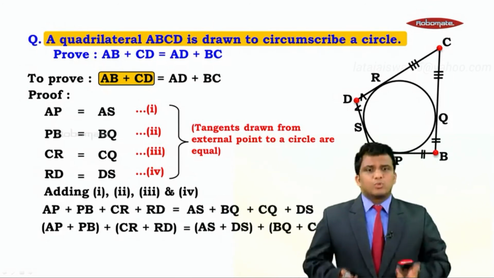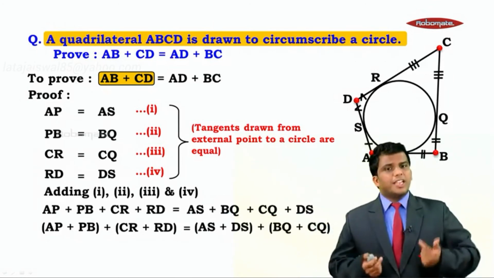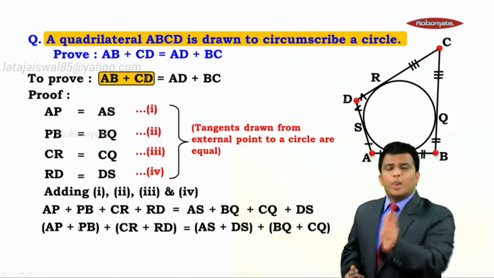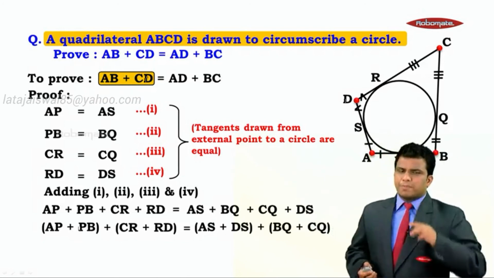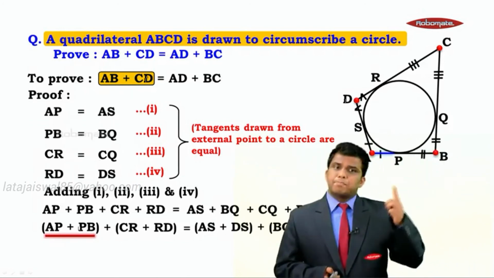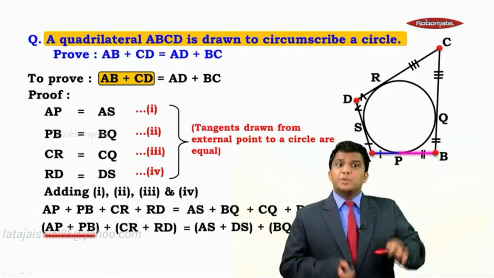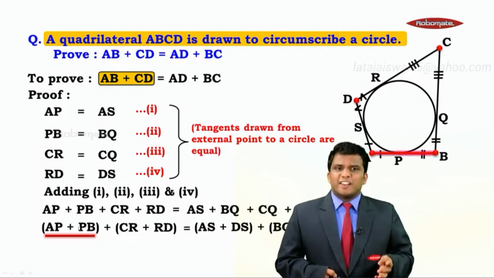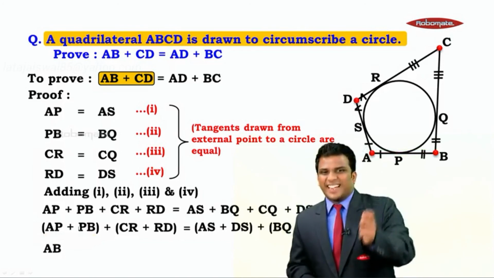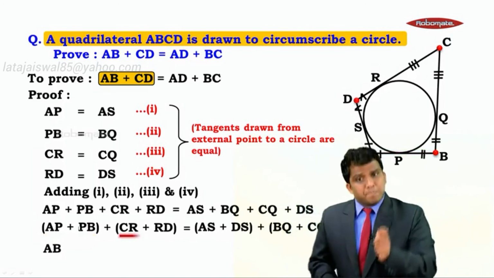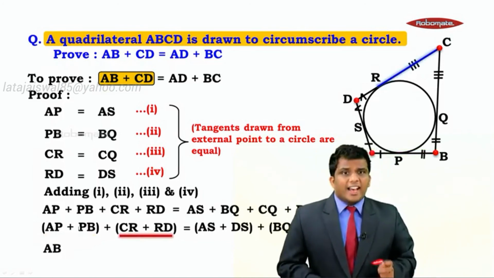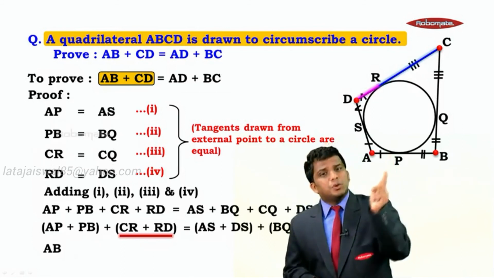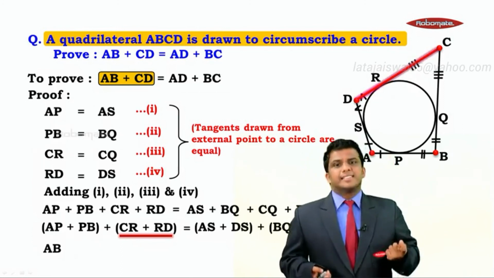Why are we doing this? Why are we pairing such segments in such a unique way? Let's see what happens. Look at the figure. AP plus PB will form a new segment, and the new segment will be AB. The reason is A-P-B, plus CR plus RD forms a new segment, and the new segment is CD.